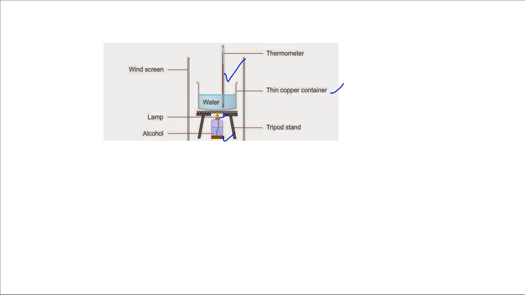Now, in determining the heat produced when ethanol is burned, a known mass of ethanol is used, and the heat produced is used to raise the temperature of a known mass of water. To determine the exact heat of combustion of any substance, it is important to have knowledge of heat capacities of the materials used in constructing the apparatus.